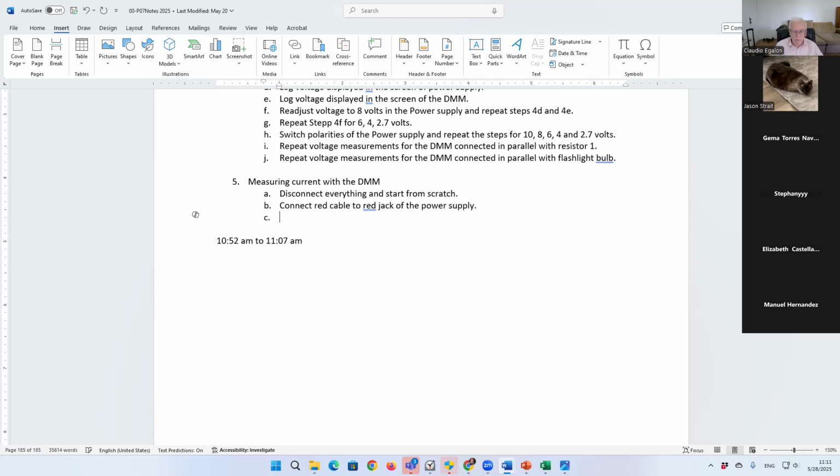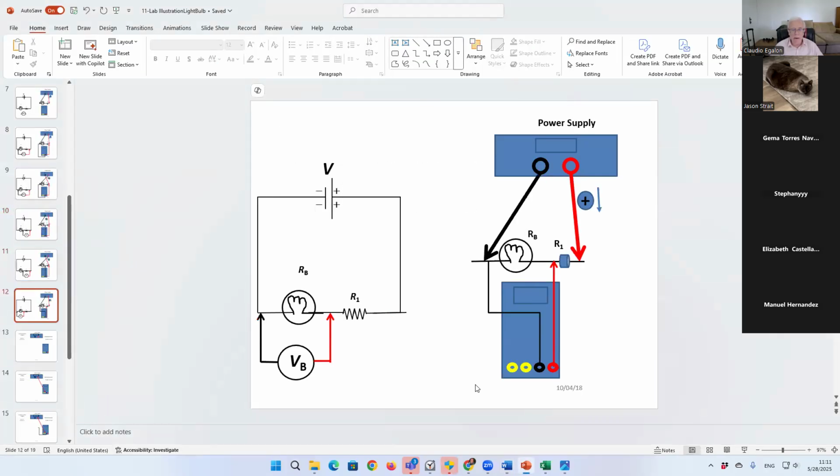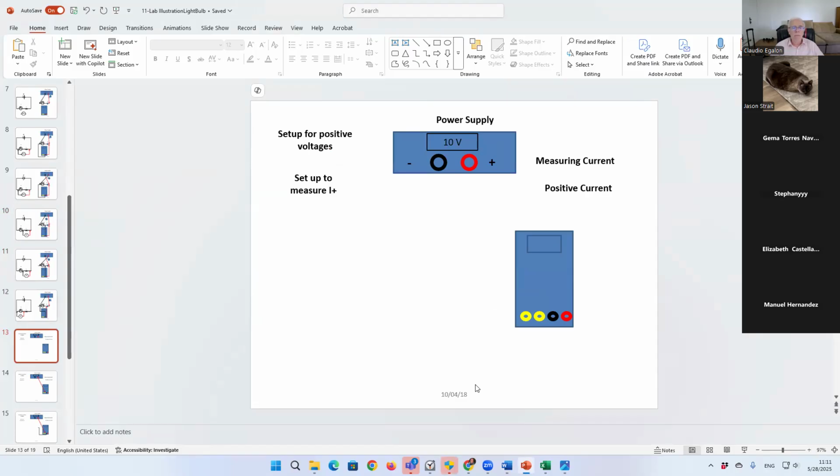And I'm going to illustrate that right in here. Now we have to connect the other end of the cable to the jack that measures current in the multimeter.